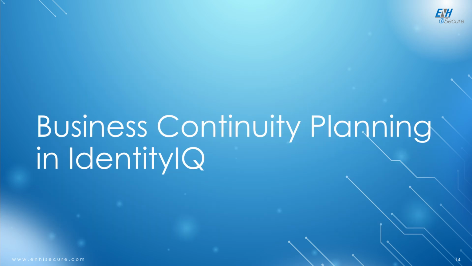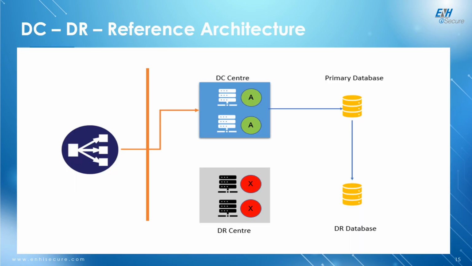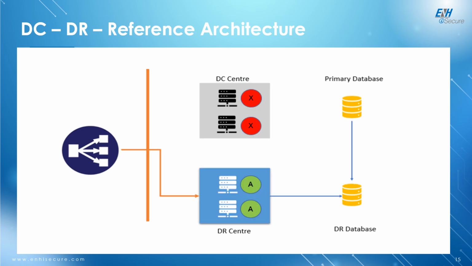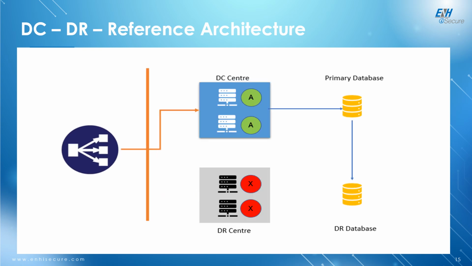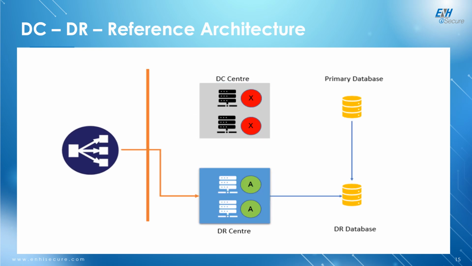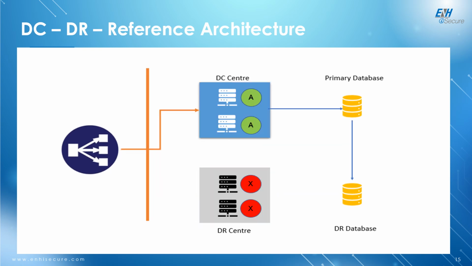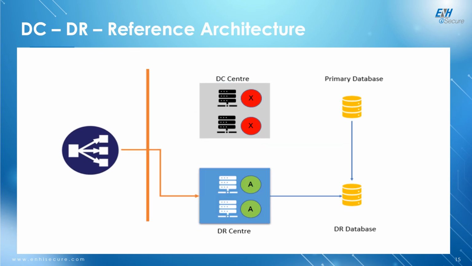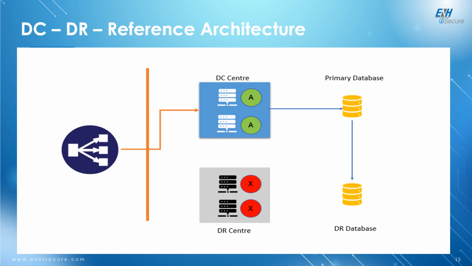So far we have seen what business continuity planning is in general. Now we'll apply this in IdentityIQ. Here is a simple DC-DR reference architecture. So I have one load balancer and we have two data centers. One is a DC and one is a DR center.